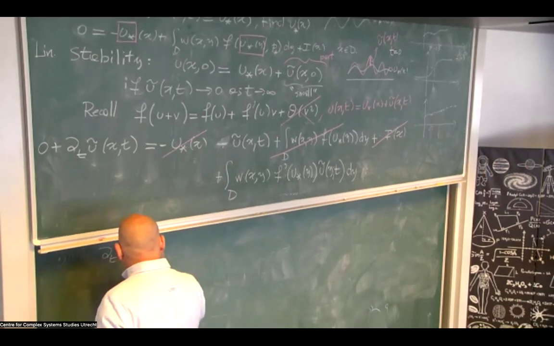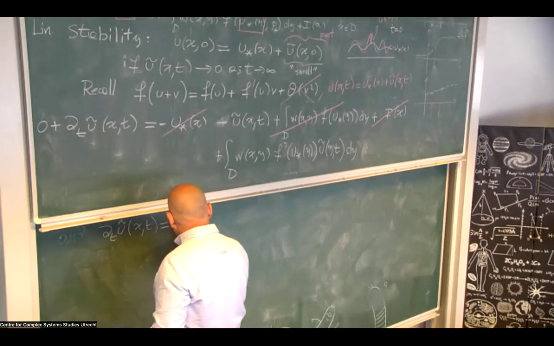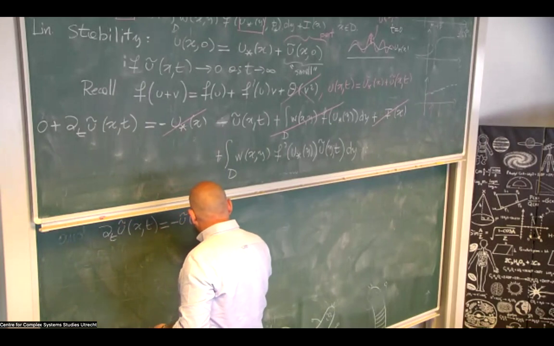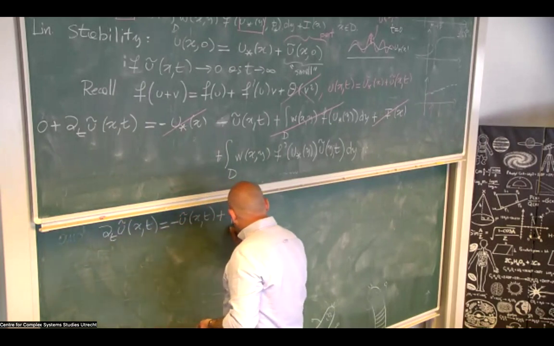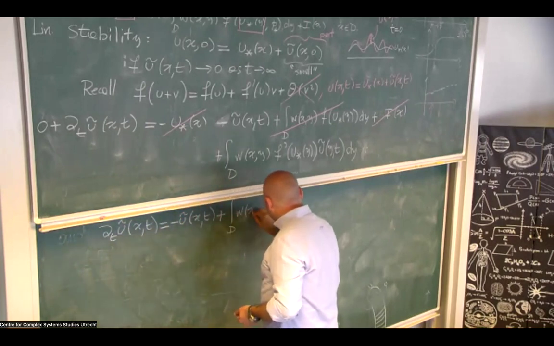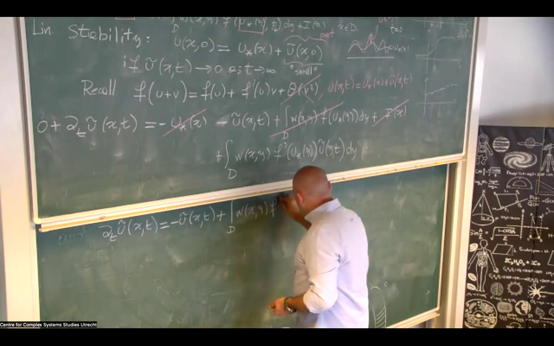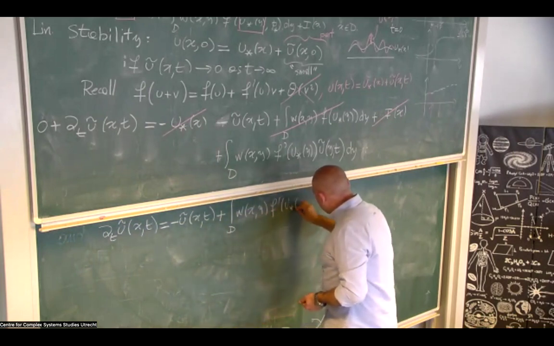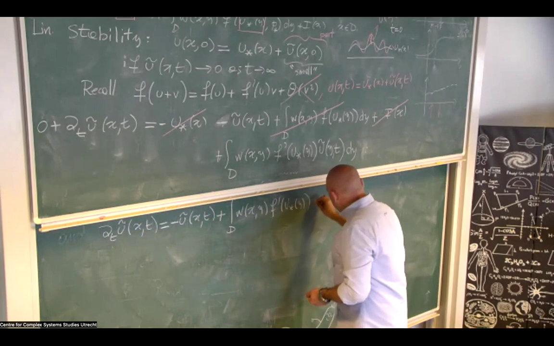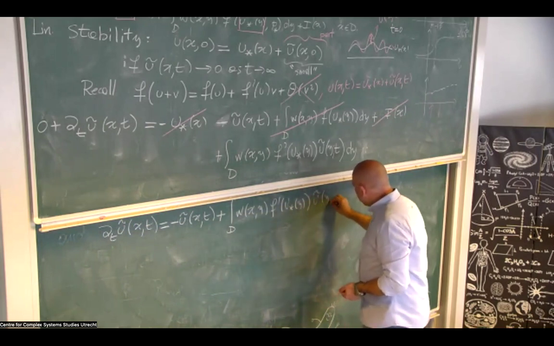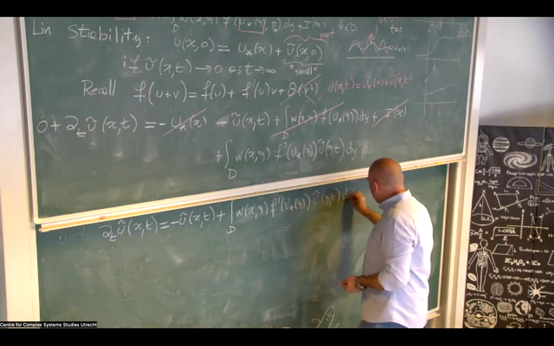The time derivative of u tilde (x,t) equals minus u tilde (x,t) plus an integral of w(x,y) f prime of u star y u tilde (y,t) dy.